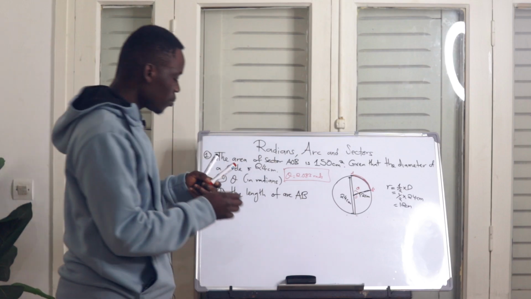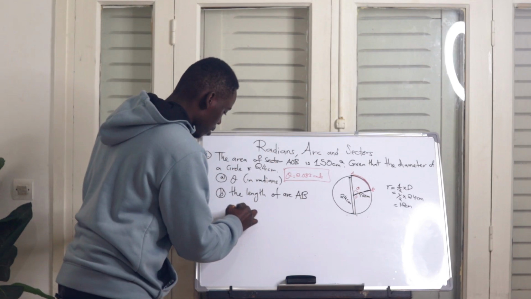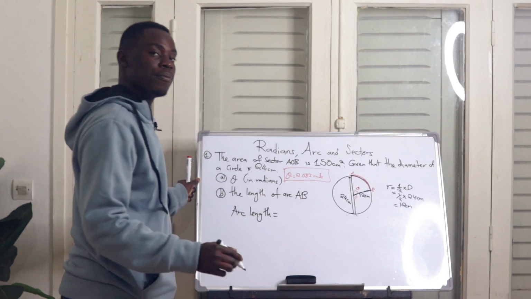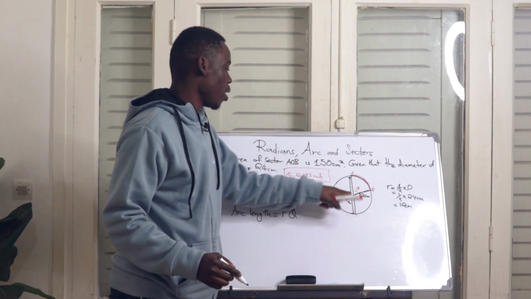Arc length, according to our formula, is the radius times theta, which is our angle.